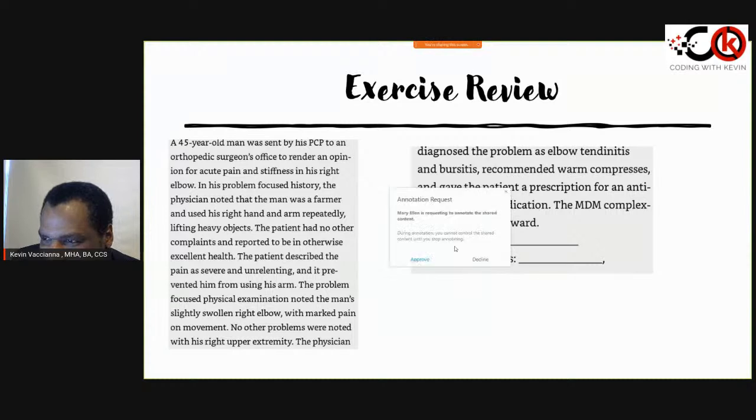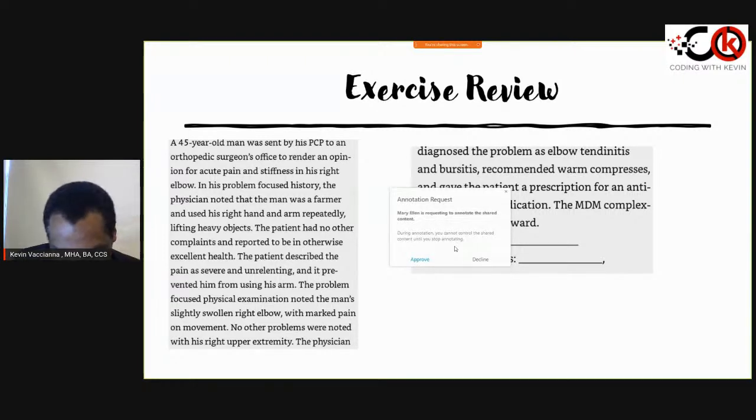I said 99212. No, I was asking where was it set in. The patient was in the hospital. His office. Everybody agree? No, it was a surgeon's office. It was sent by his PCP to the surgeon's office. Okay, 99241.